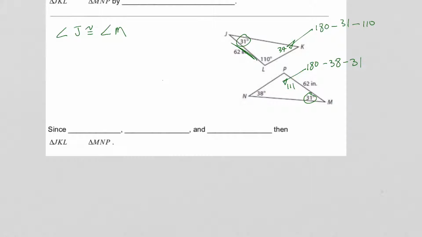This side and that side, we have two sides that are the same, at least if they correspond. JKL 1, 2, 3, and MNP 1, 2, 3. So let's see if these correspond. They do. So we have a second condition. JL is congruent to MP.